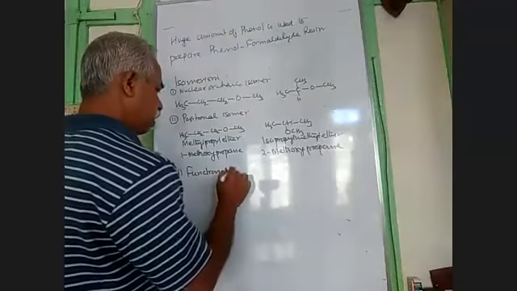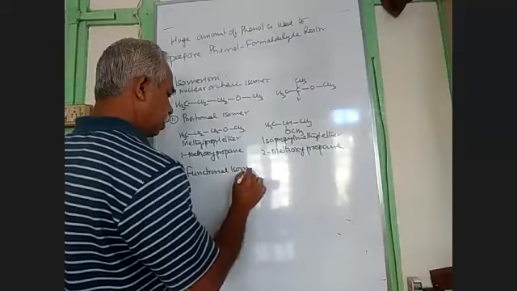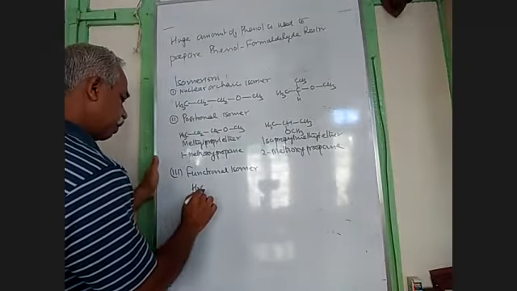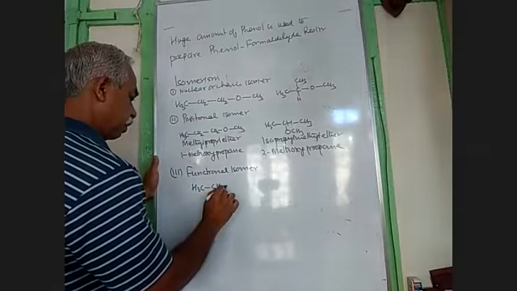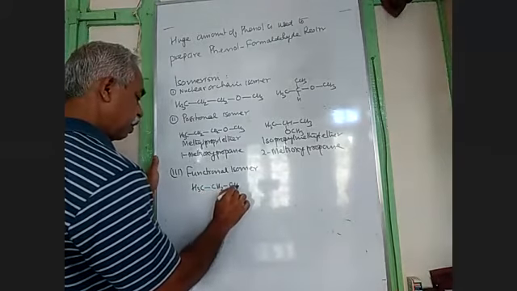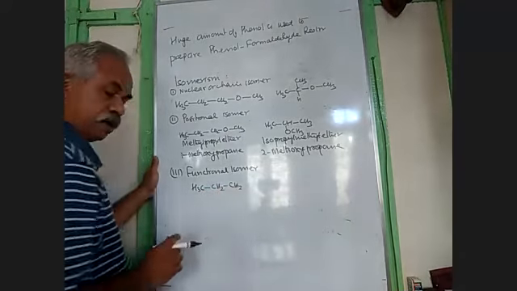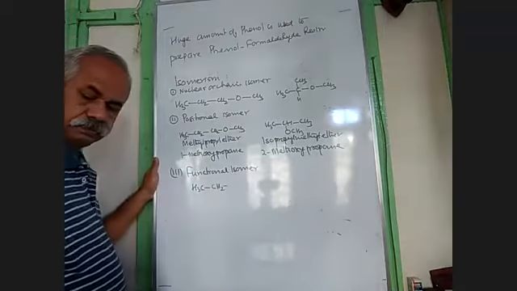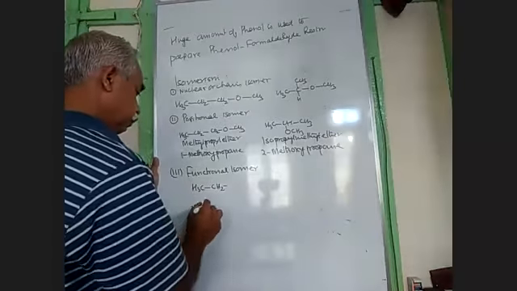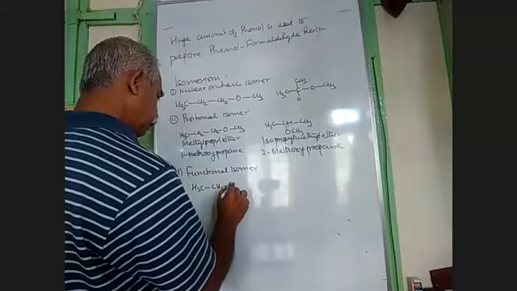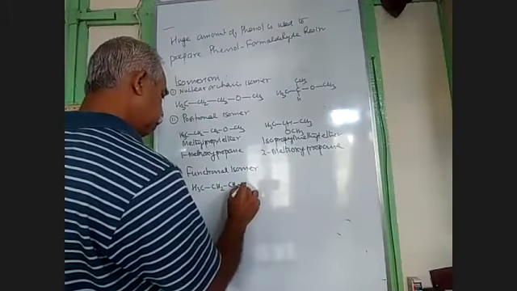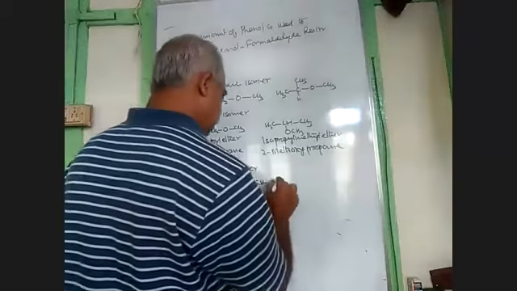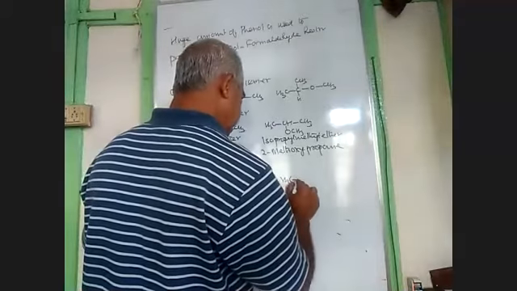Functional isomer. A very famous example that you have already studied in class 11 also. Suppose I have taken CH3CH2CH2OCH3. What will be the functional isomer?